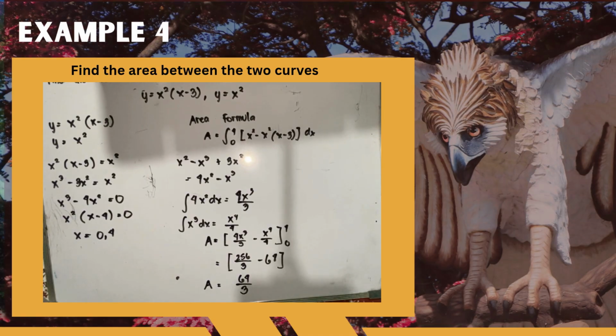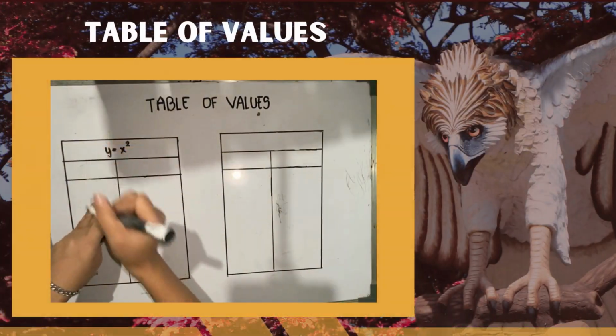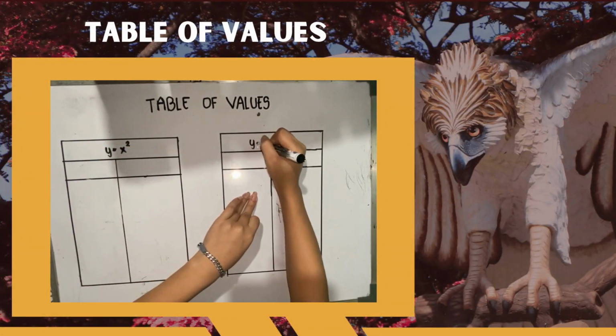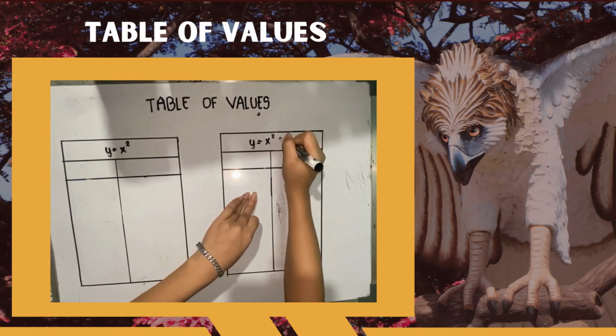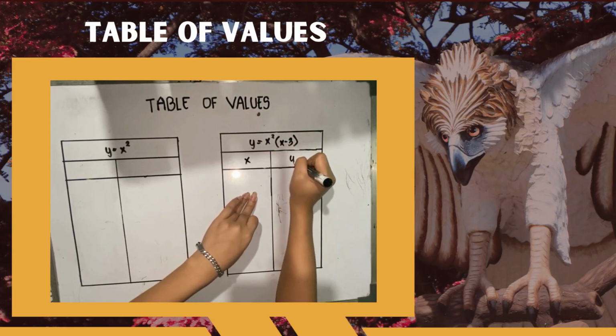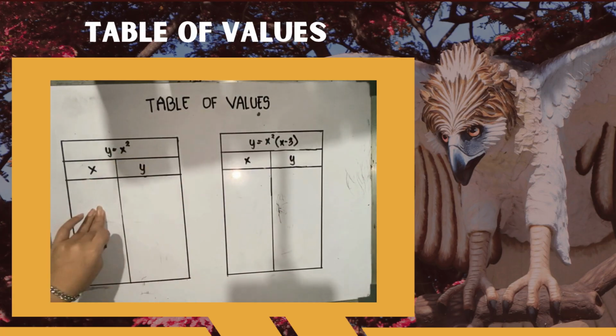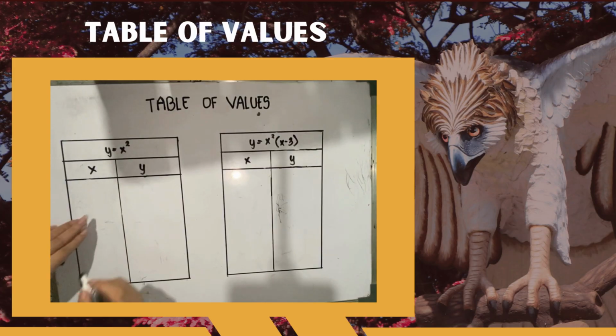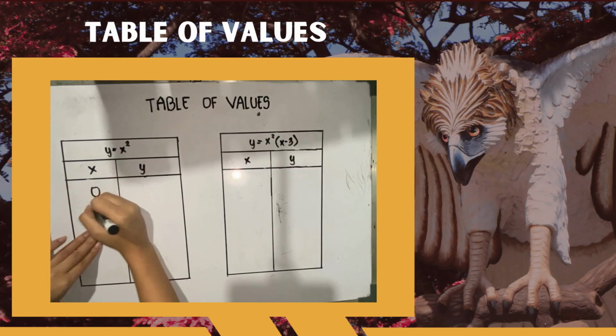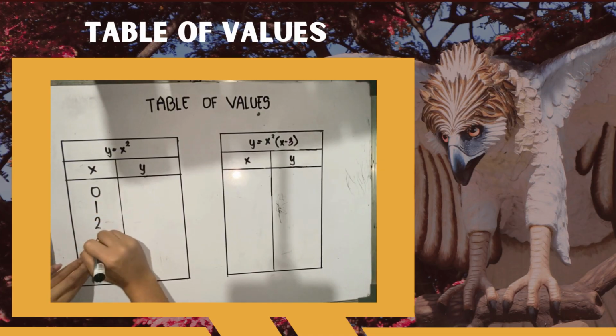Find the area between the two curves. For our table of values, we have first table y is equal to x squared, second table y is equal to x squared, x minus 3, x and y. For the first table, x is 0, 1, 2, 3, and 4.